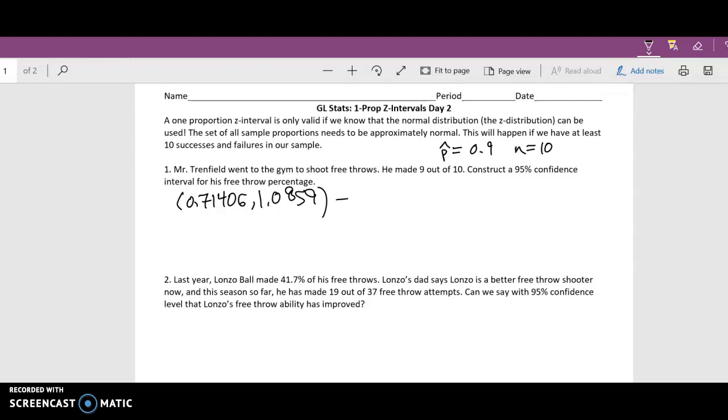Oh no. We're talking about the probability of him making a shot and it goes over 1. That's no good.